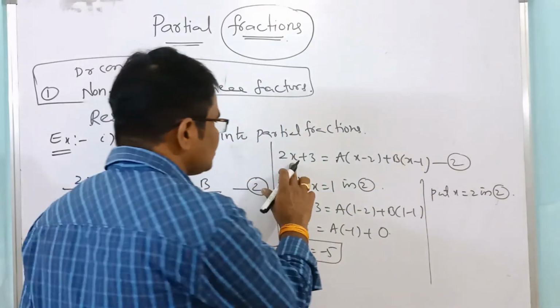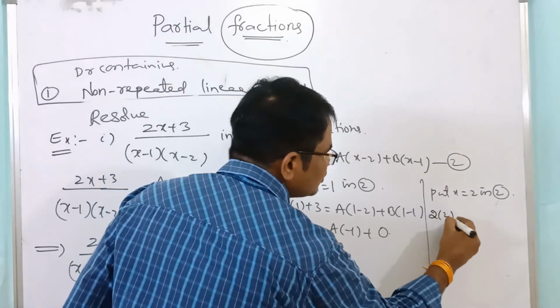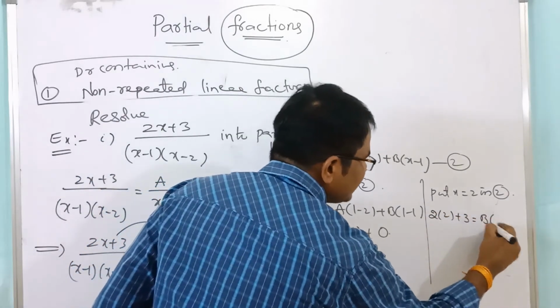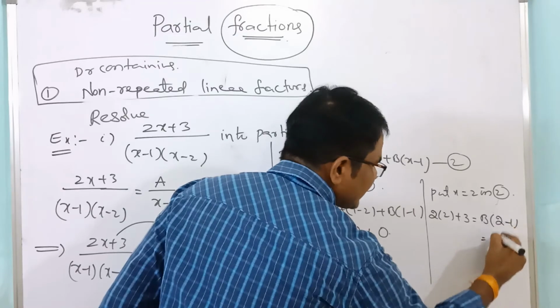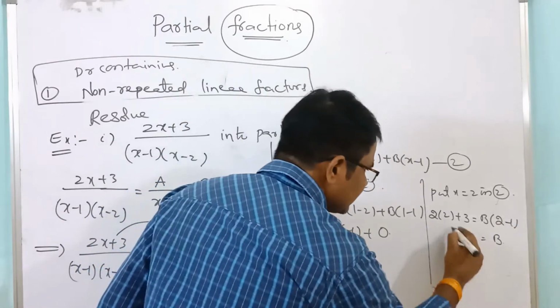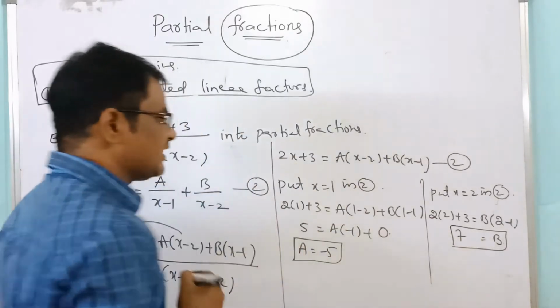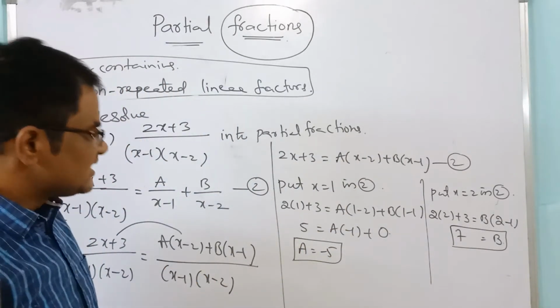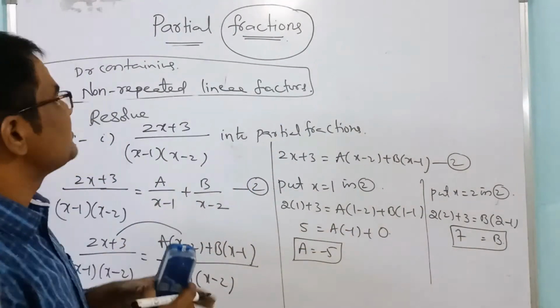Now substitute x equal to 2. Means 2 into 2 plus 3 equal to b into 2 minus 1. So on the right side b remains, and here 7 is there. So here a equal to minus 5 and b equal to 7. Substitute these two in equation number 1.